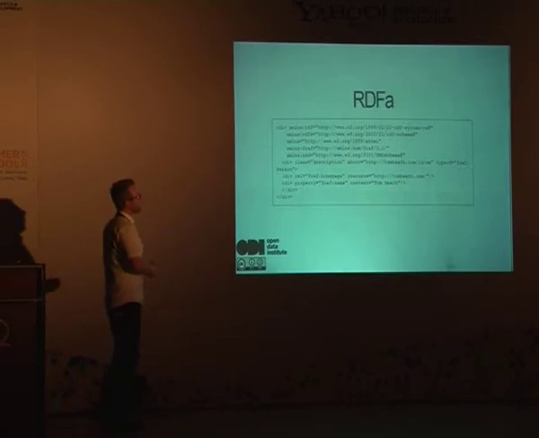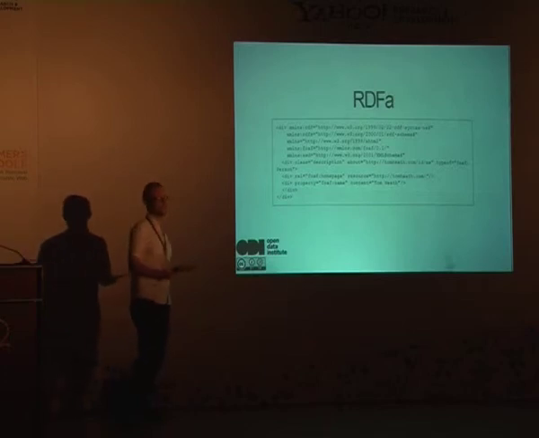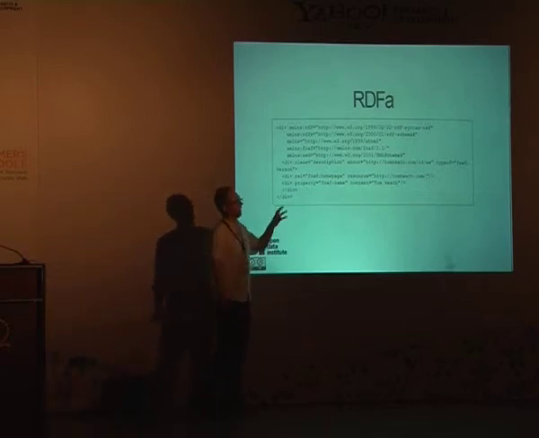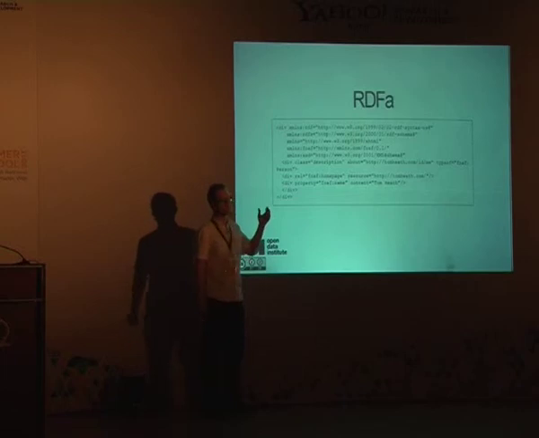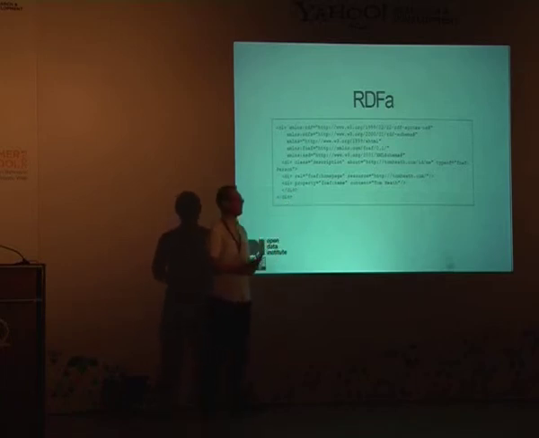So you can see when you look at it that it's more complex to look at. You're basically taking the HTML DOM, and what RDFa defines is a bunch of additional attributes that you can introduce into your HTML DOM that encode the data, so that it effectively is RDF data, serialized in a particular way.